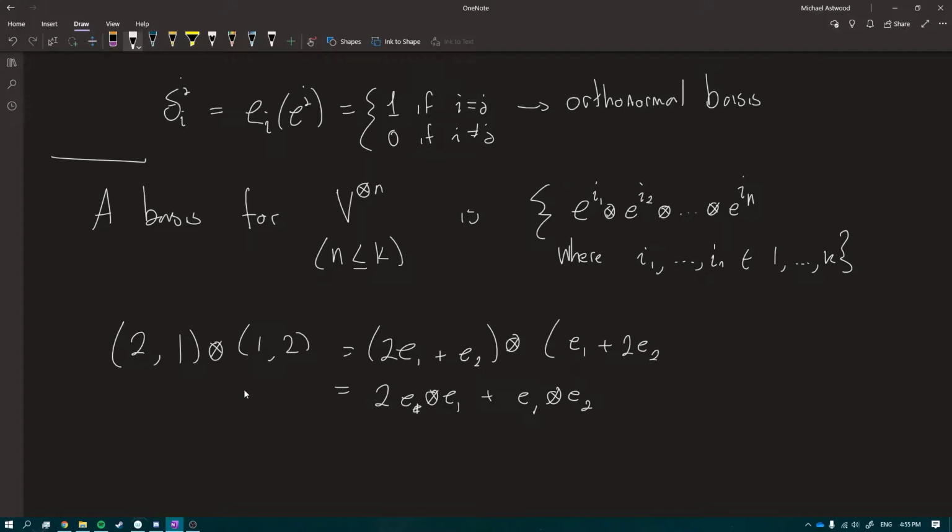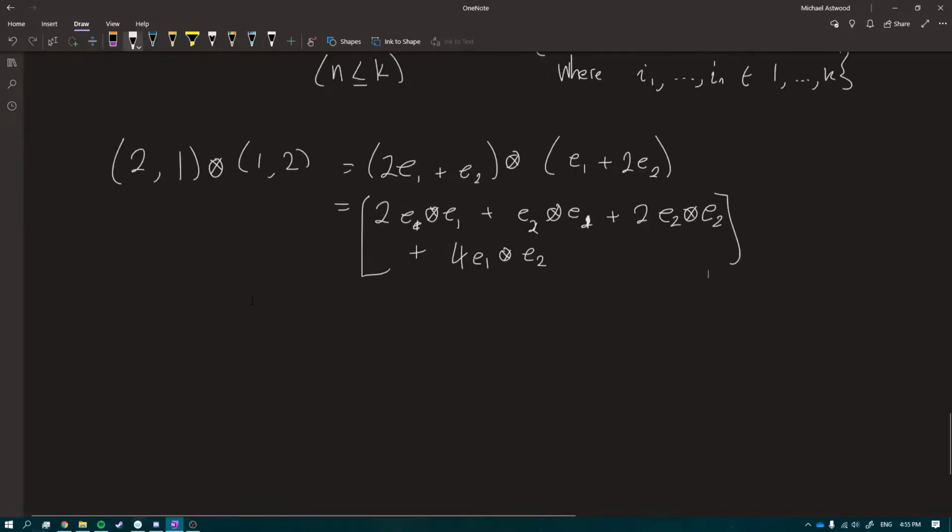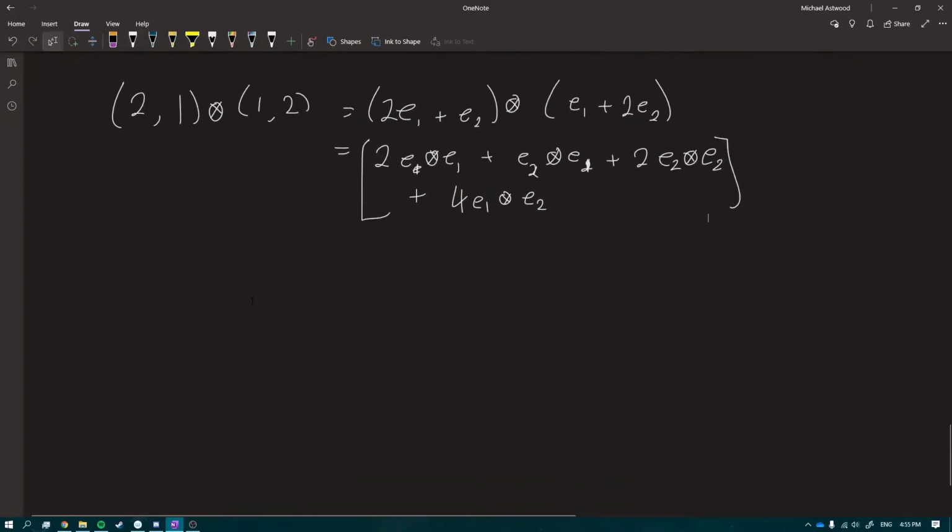So now it's 2 e2 tensor e2, and finally, I'm missing one that's 4 e1 tensor e2. Okay, so this is essentially the tensor in a basis notation.